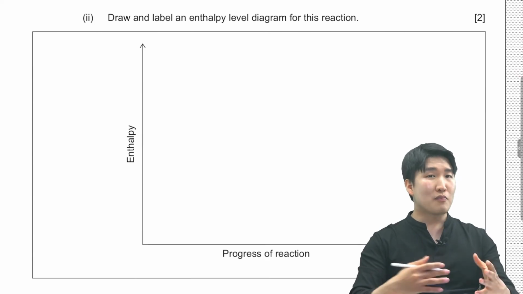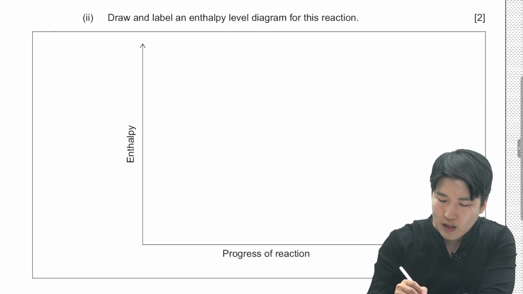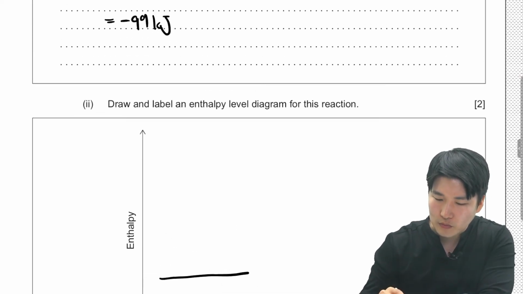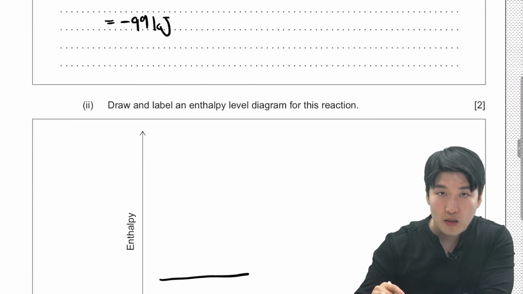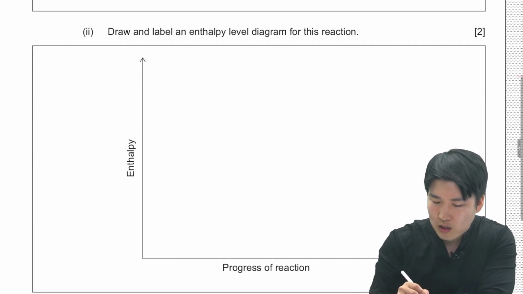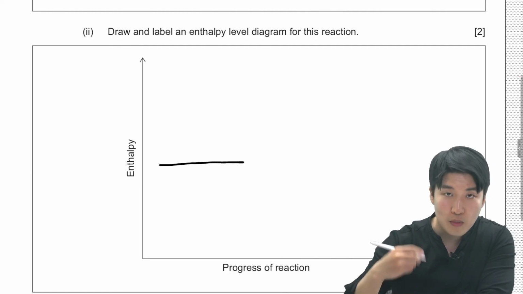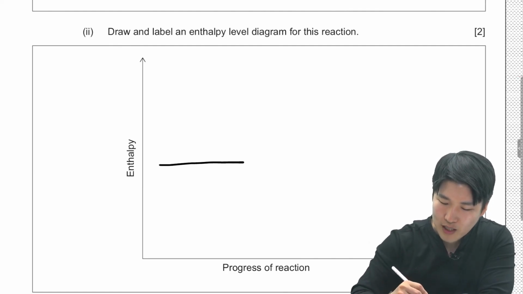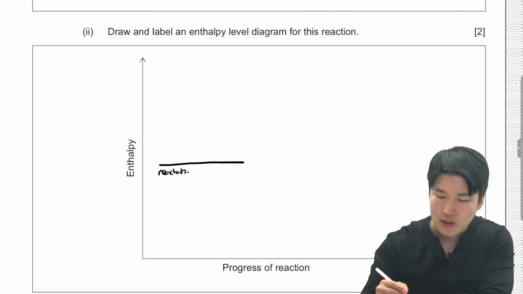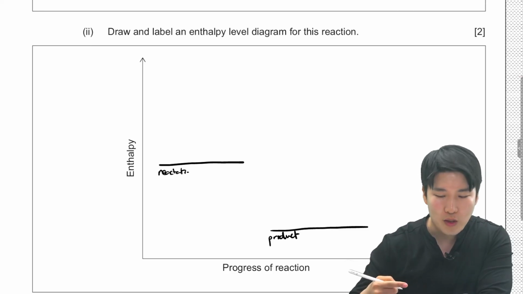And we can draw an energy profile diagram for our free radical substitution reaction, where we know, being an exothermic reaction, we will draw the enthalpy of reactants at a higher value. We will have the reactants, that's what? Methane and chlorine. And we will have also the products, which is what? Chloromethane and hydrogen chloride.